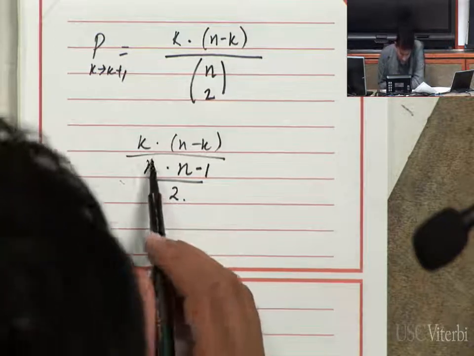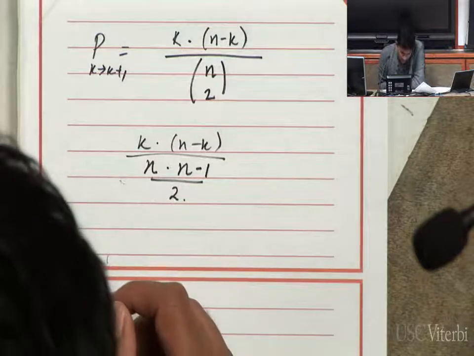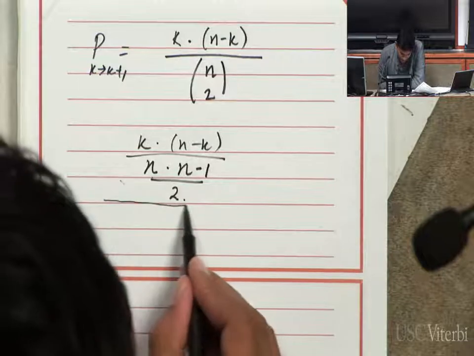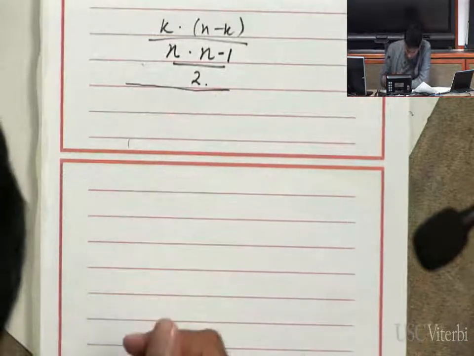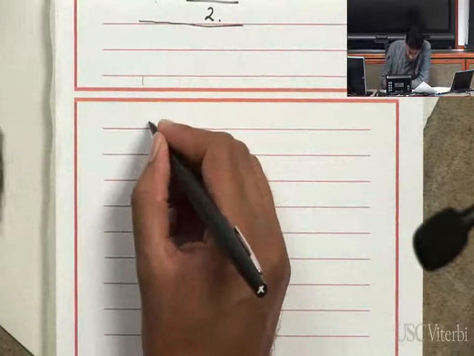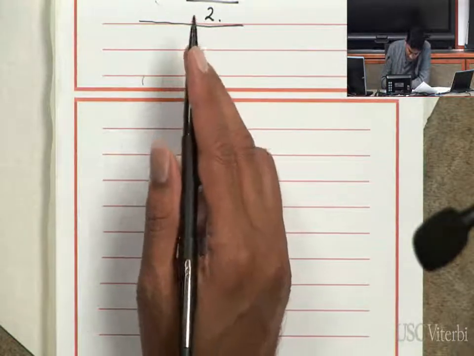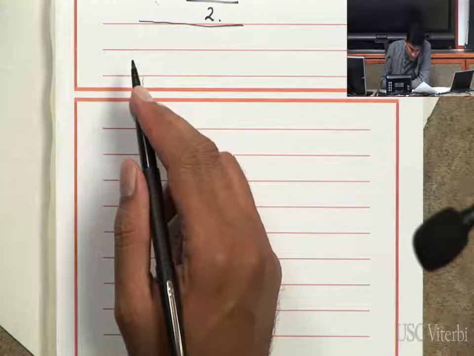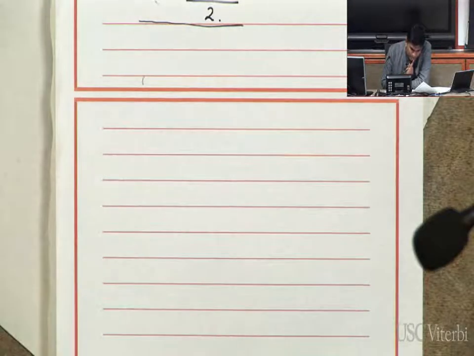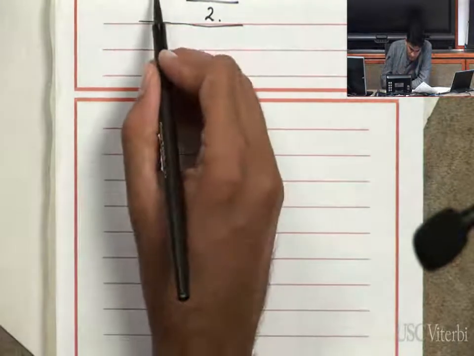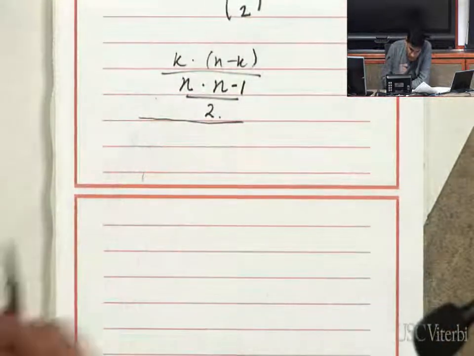I have some confusion here, because if you look at the number of ways in which we could have chosen, I think there was a factor of 2 here also.